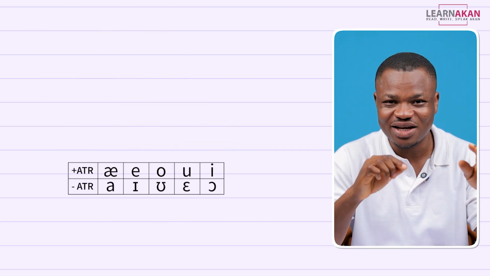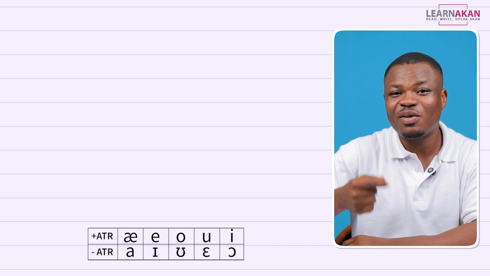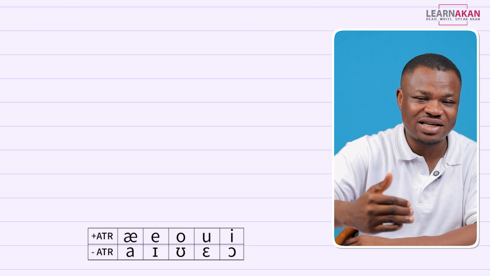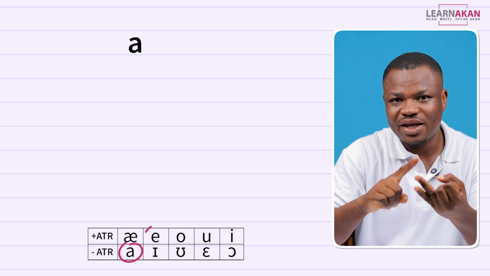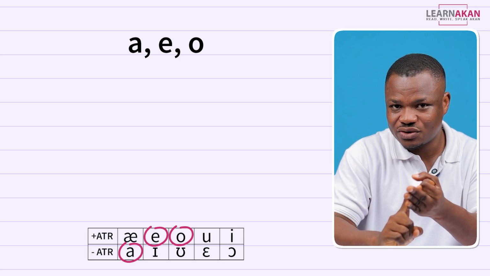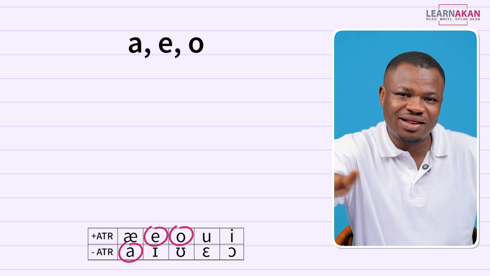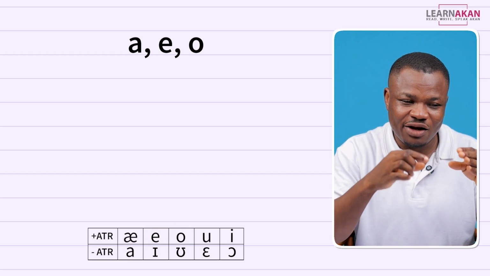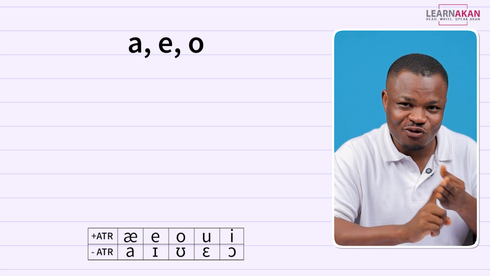So now that you know this, what I'll tell you to make everything simple is, if you come across a Twi word, look out for the vowels that are present in that particular word, apart from the A, E, and O vowels. You set those aside and look out for the other vowels that are present in that word.